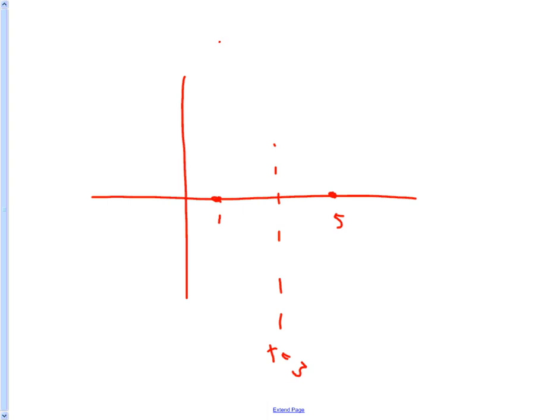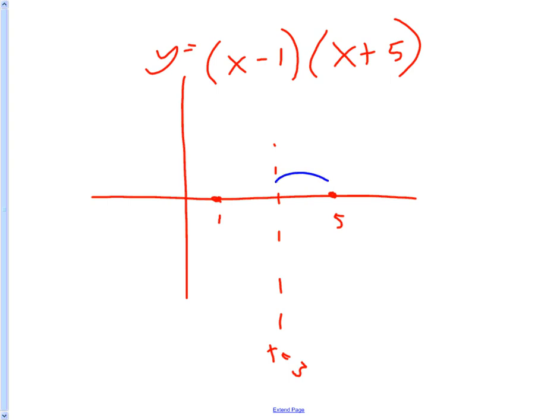Now the equation was x minus 1 and x plus 5. There are 2 ways you can get this answer, and I've told you one before. Do you remember this? How far is that from that? That's 2. And then if I want to go down, you go down how far? You square that. And so that goes down 4. So it's down to -4.